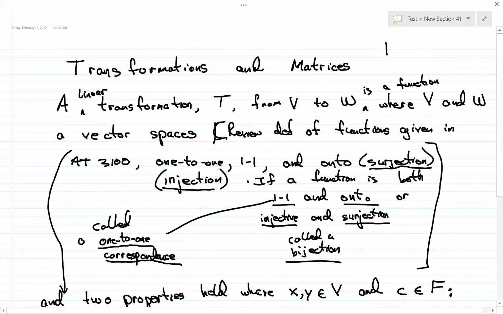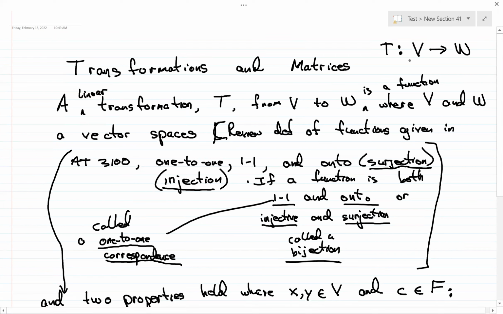They would show T colon, and then what follows is the domain, V in this case, and then an arrow going into W. Now let me see if your book uses that at all. They do, in their definition.